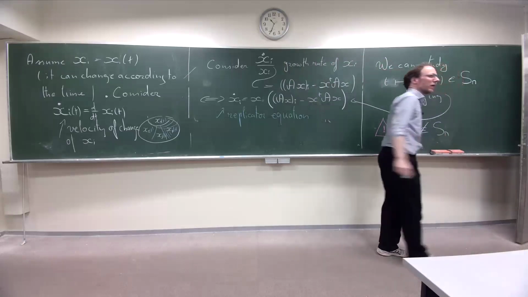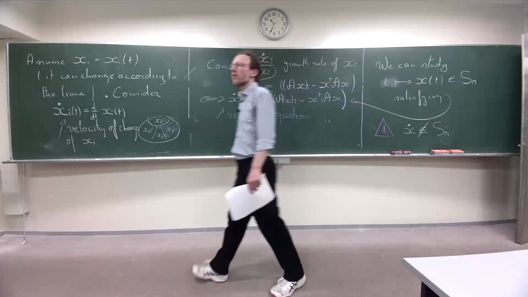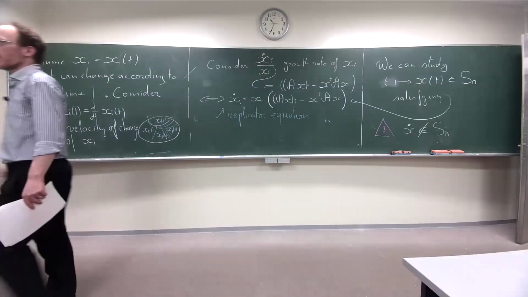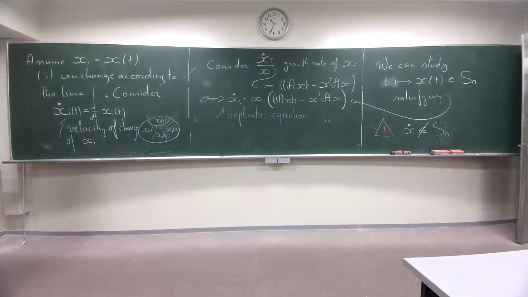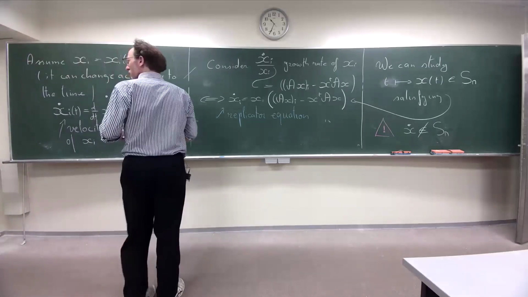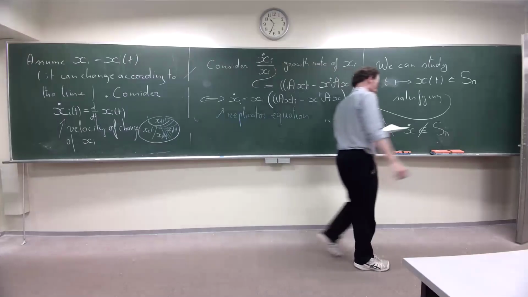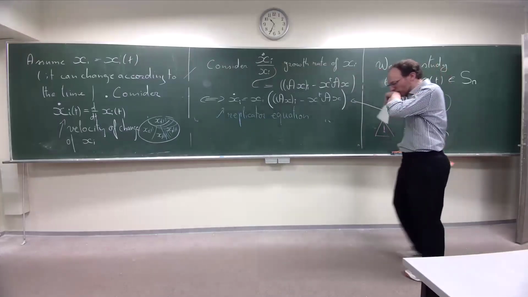The derivative has no reason to be normalized. So just be careful about this. This is clear, but there is no reason why it should be inside. So let me give you one or two examples. Or do you have any question?